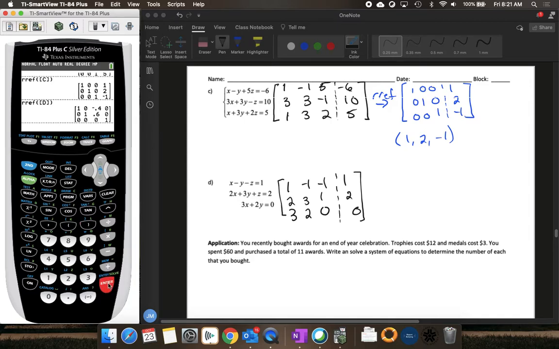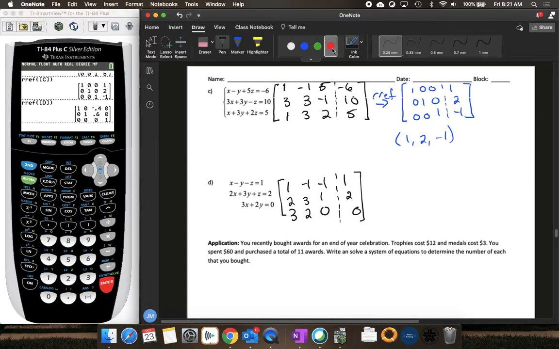Okay. So let's go ahead and write the reduced row echelon form for this matrix, I should say. So that was 1, 0, negative 0.4, and 0, 0, 1, 0.6, and then 0, and then 0, 0, 0, 1.